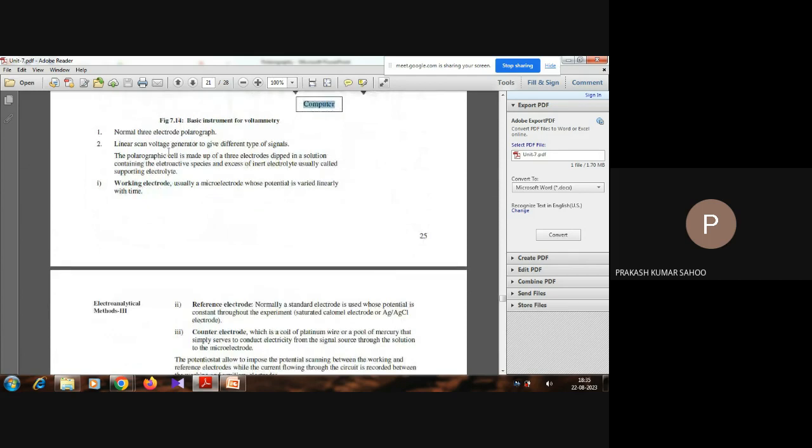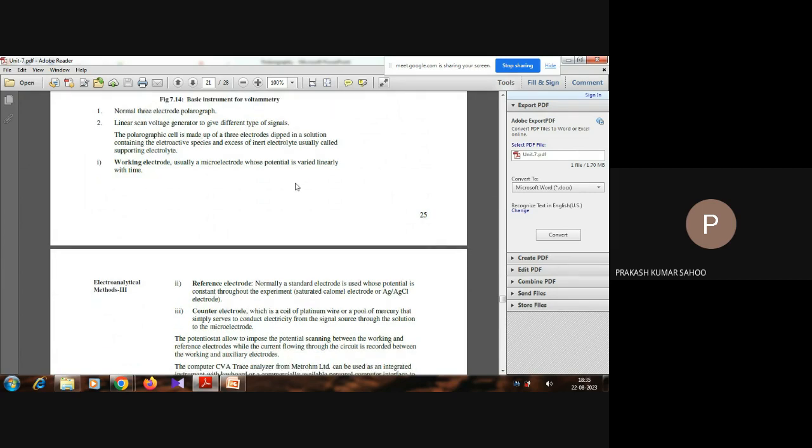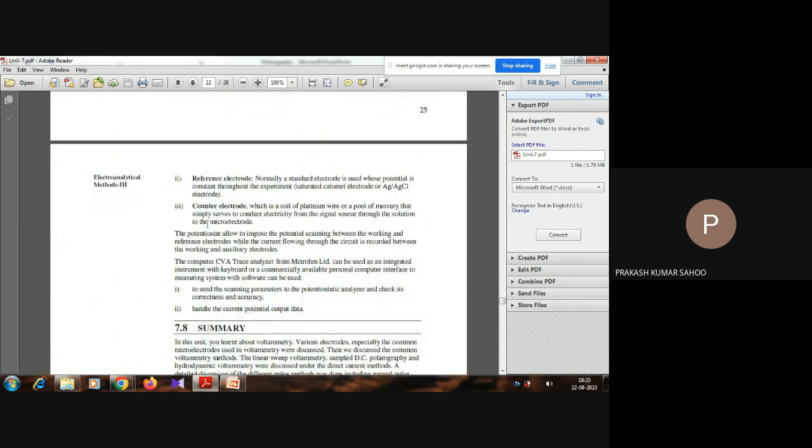Then we have a normal three electrode polarized linear scan voltage generator to give different types of signal within the working electrode, reference electrode, and counter electrode. At the end the potentiostat allows us to impose the potential scanning between the working and reference electrode, while the current flowing through the circuit is recorded between the working and auxiliary electrode. Auxiliary means the counter electrode, that is the anode.